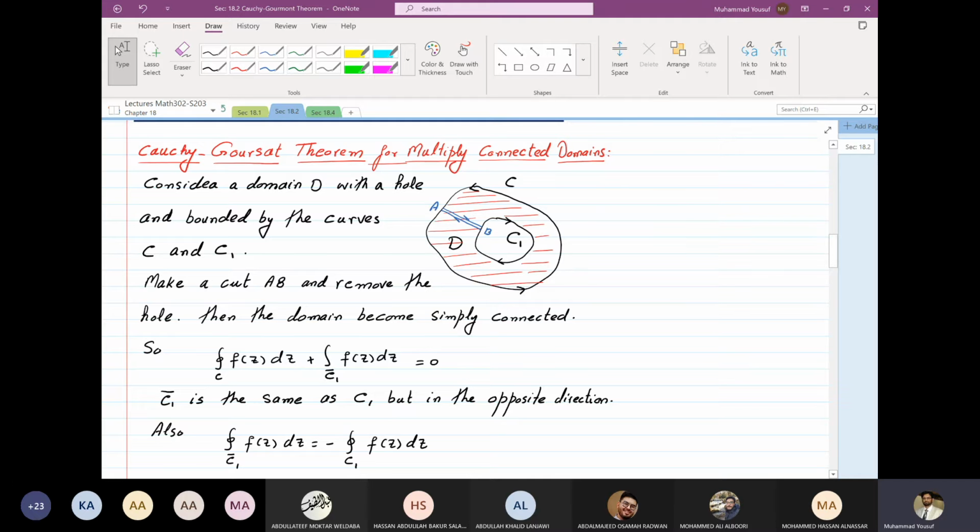We cut this region at AB by blue lines, and then we open this one, and then this hole will disappear. So then the region left will have no hole. So we remove this hole by making a cut.